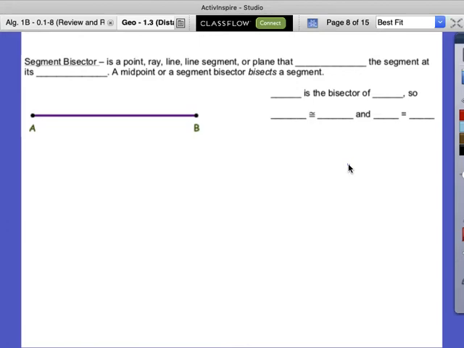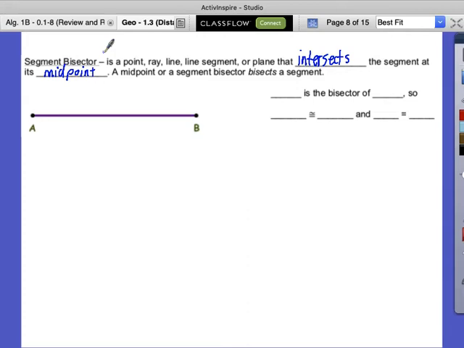So it's a point, ray, line, segment, or plane, so basically anything we've learned about, that intersects or cuts through or touches, intersects the segment at its midpoint. So something else intersects the segment at its midpoint.